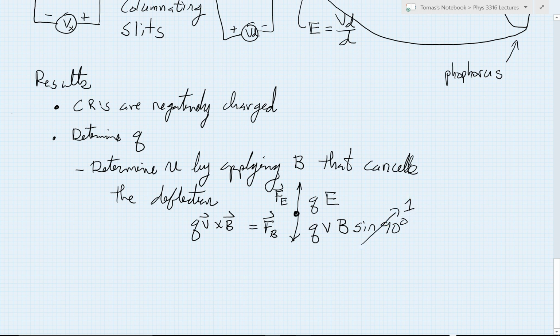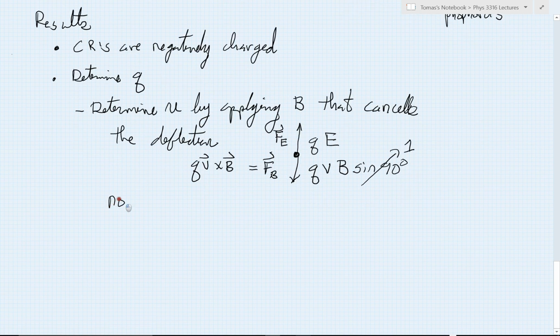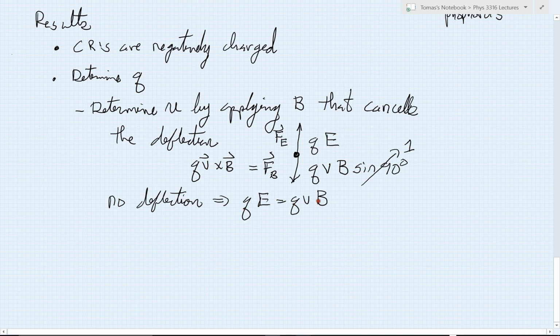Now, if I tune this magnetic field into perfect balance with the electric field, then, as you can see, I can immediately solve for V. So when there is no deflection, that implies then a nice balance in this equation. That implies then that QE must equal QVB.